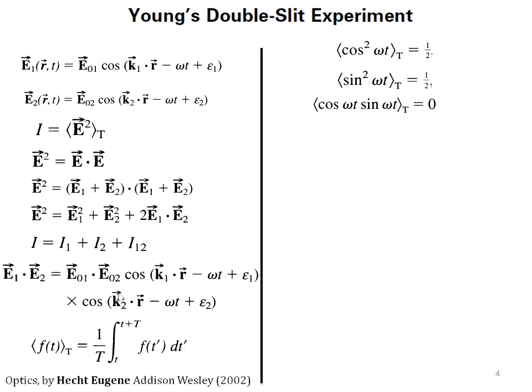So once we simplify this and use these values of time averages, we can find that the time average of E1 vector dot E2 vector will be equal to half E01 E02, these being the amplitudes of the electric fields, times cos of (K1 dot r plus epsilon 1 minus K2 dot r minus epsilon 2), right?